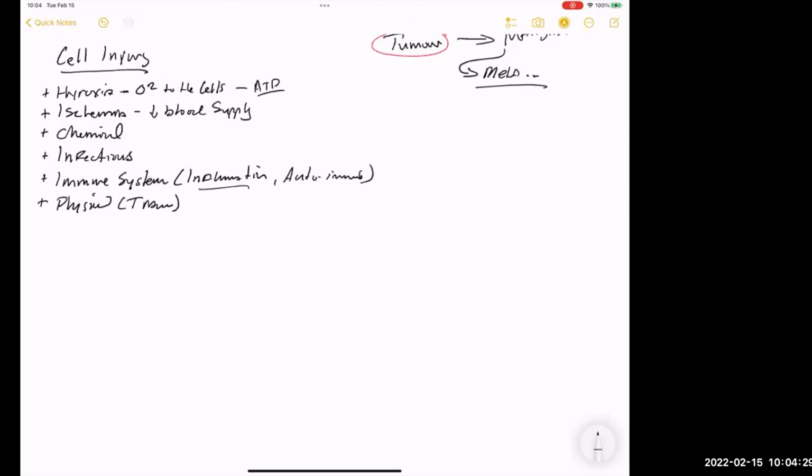The ion channels fail, the cells begin to swell. They can't power themselves. Typically you get acidosis that develops due to a buildup of lactic acid, right? So there are hypoxic, ischemic, acidotic, swelling cells, and of course that can lead to death ultimately. All right.